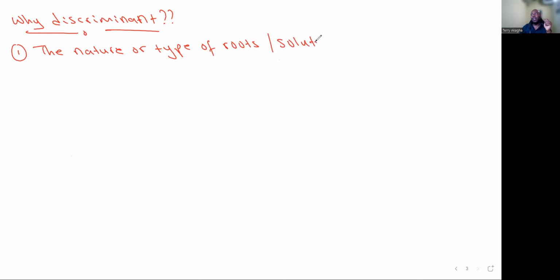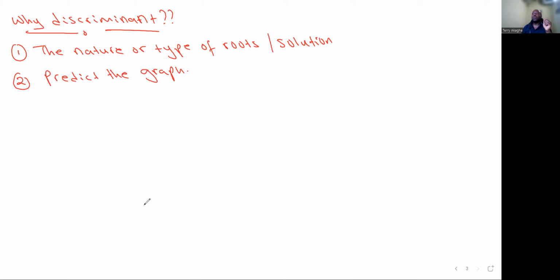It's exactly the same thing. Then number two, it's going to help us predict the graph. You can predict the graph based on the discriminant. We'll talk about this when we get to quadratic linear equations, okay? So why the discriminant? It tells us first the nature or the type of roots or solutions, and helps us predict the graph.